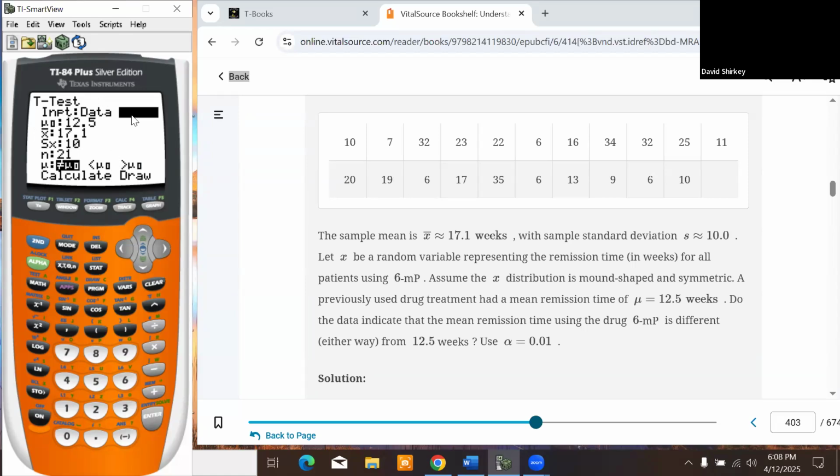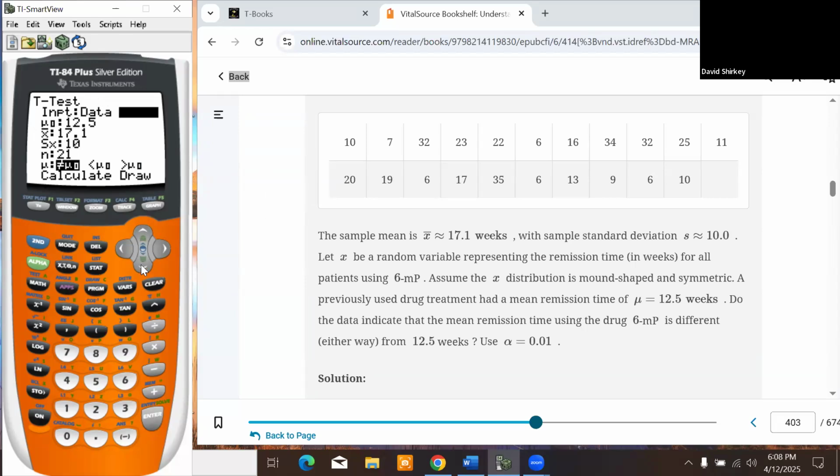All right, so here's if you're given the stats, you're going to click on stats. But if you were given all of this raw data here, you would go into stat edit, and then in list 1, enter this data and then do single var stats so you can find out what X bar and S are equal to, right? So let me go down here.